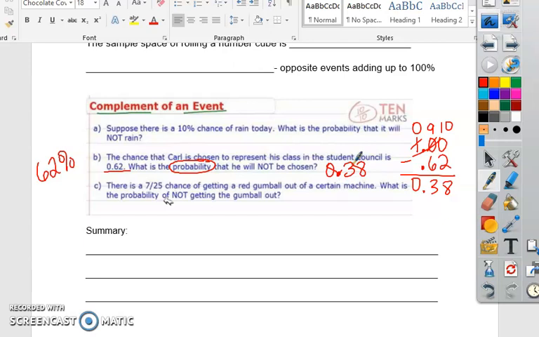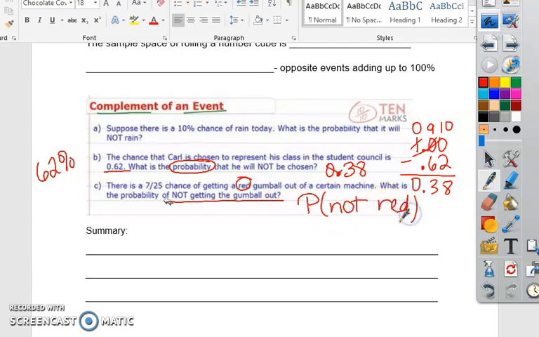Okay, so letter C, there is a 7 out of 25 chance of getting a red gumball out of a certain machine. What is the probability of not getting the red gumball? Okay, and again, they may ask it differently. They may say, what is the probability of the complement of that event? Okay, so I want red. Well, this was red. We want not red.